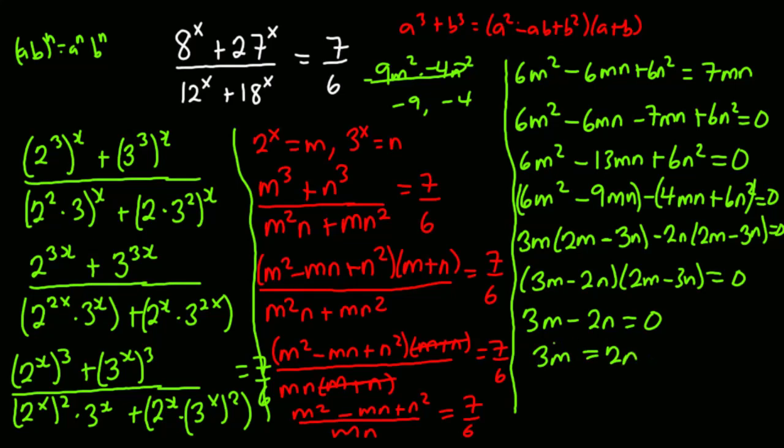But we've seen from here that m is equal to 2 exponent x and n is equal to 3 exponent x, and so this is the same as 3 into bracket 2 exponent x is equal to 2 into bracket 3 exponent x.